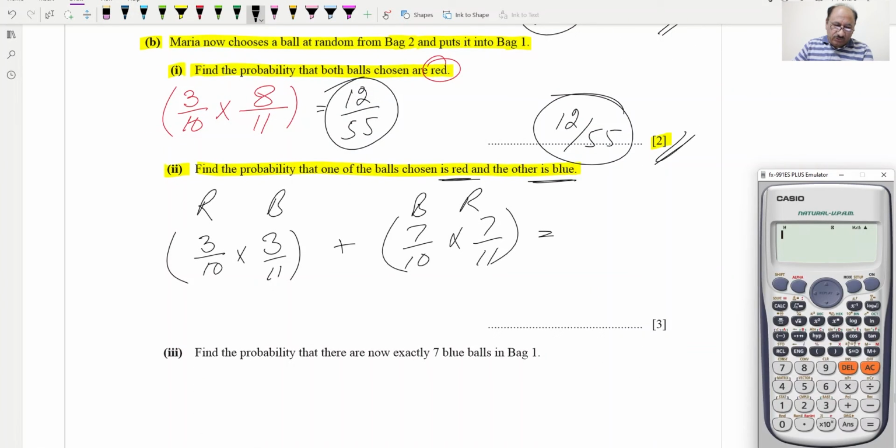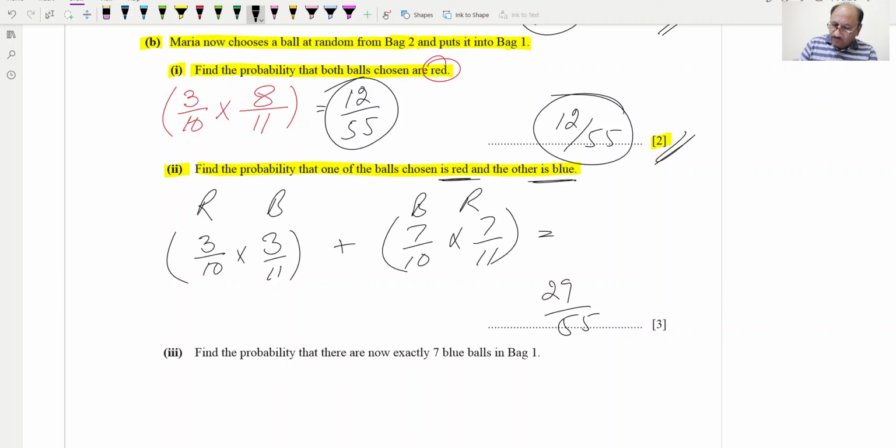We will write 3 over 10 multiplied by 3 over 11, and the bracket will be closed, plus 7 over 10 multiplied by 7 over 11, and the bracket will be closed, and this is equal to 29 over 55. 29 over 55 will be the final answer. And this is a 3-mark question which we have done.